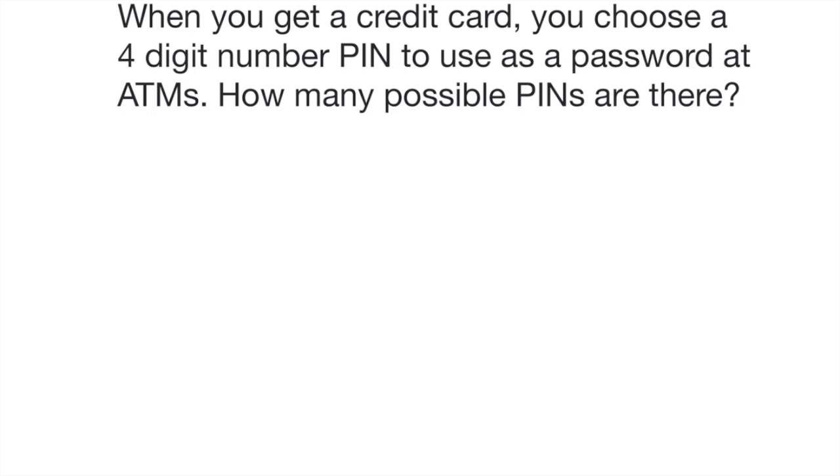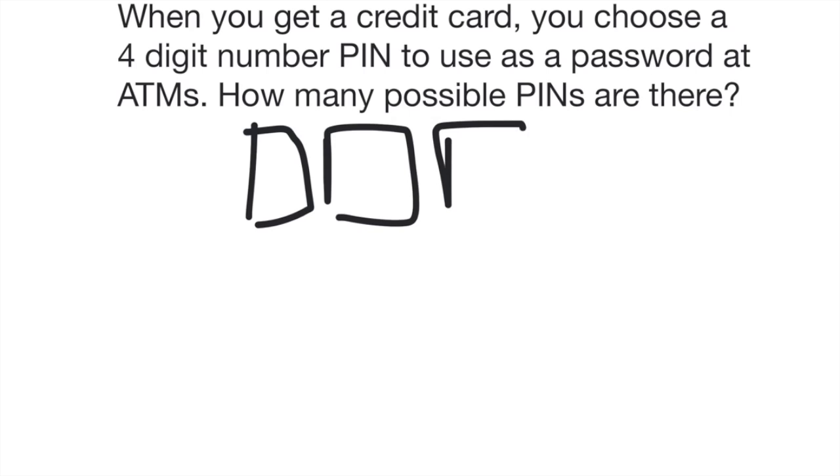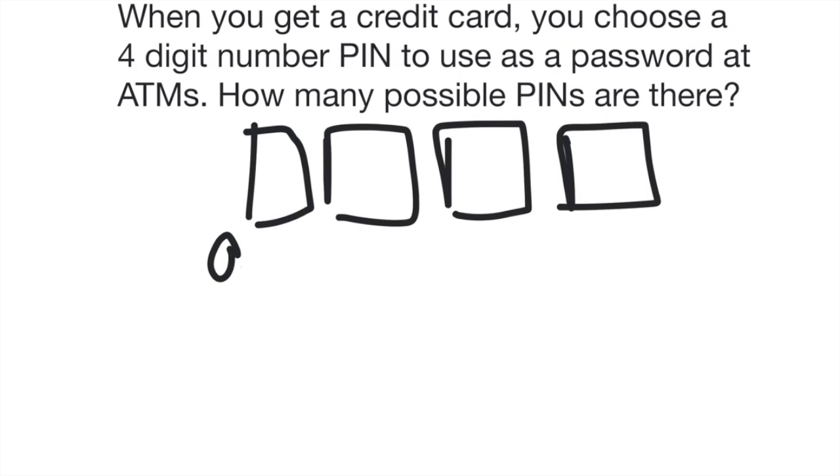When you get a credit card, you choose a 4-digit PIN to use as a password at ATMs. How many possible PINs are there? So let's imagine you have 4 digits, and each of these digits can be the numbers 0 to 9.